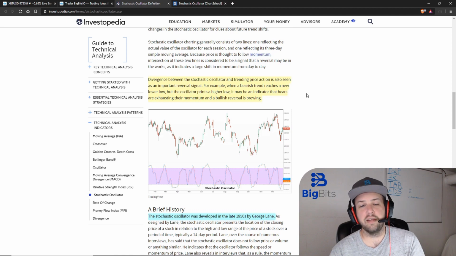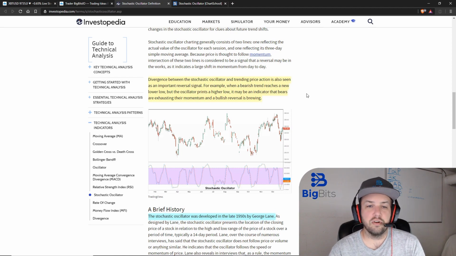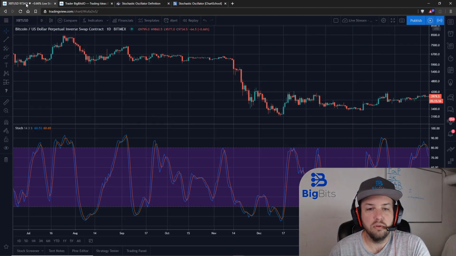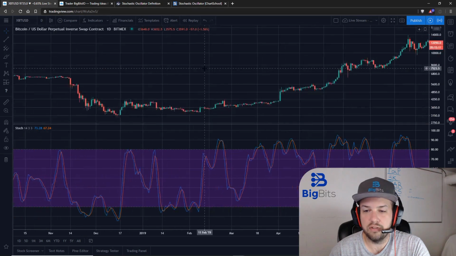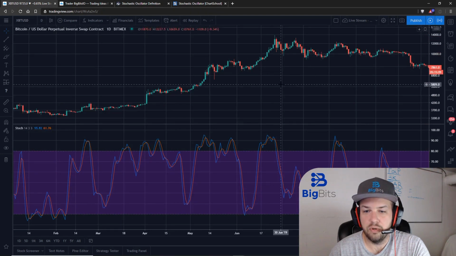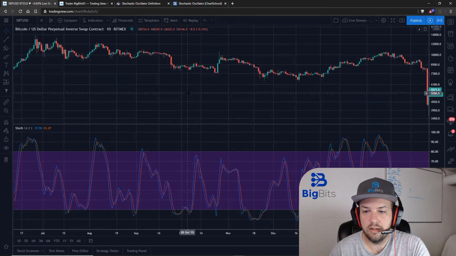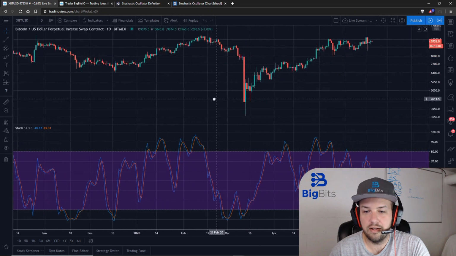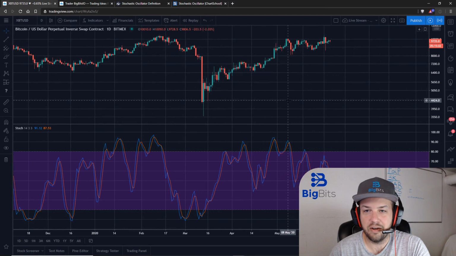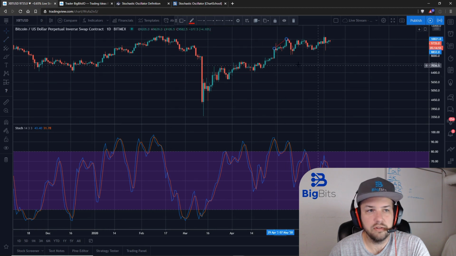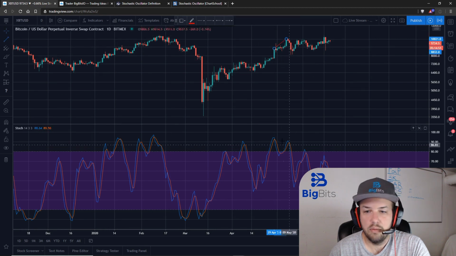Now, one thing to look out for, and this article just briefly mentions it, but one of the things a lot of people that I know look for on this particular indicator is what's called a divergence. And let's see if we can find one. I'm looking here, guys. So yes, here is a divergence. This would be a bearish divergence because the price is going up, but the peaks on your stochastic indicator are going down.